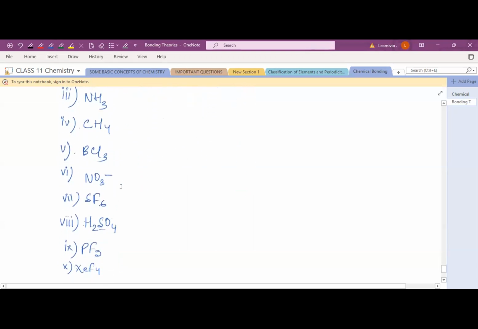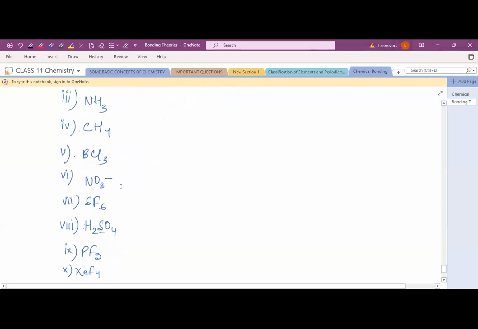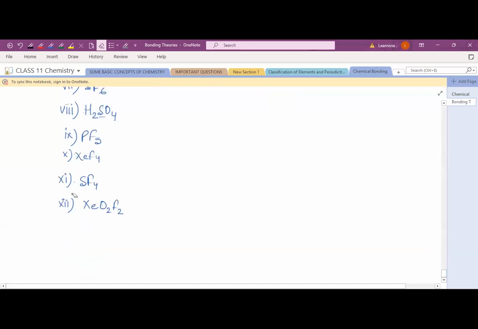Okay, write it down. I'm writing the 11th and 12th here, right? SF4, and this is the 12th one, XeO2F2. I just solved it.